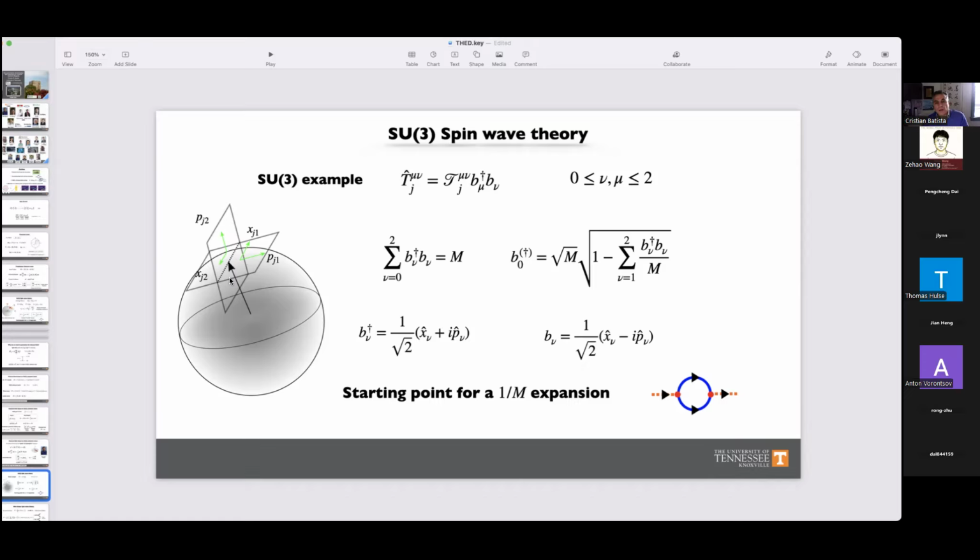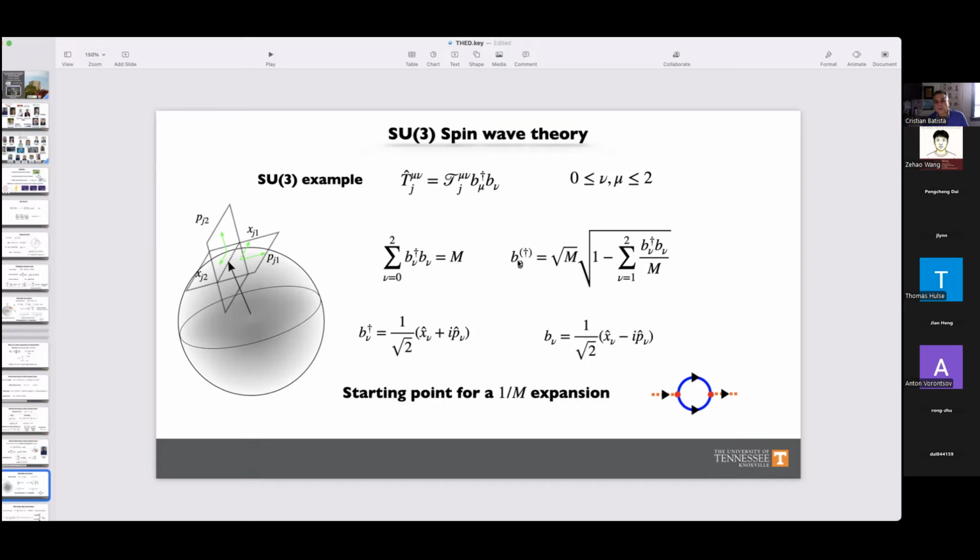Again, like in the previous case, we can describe the generators of SU3 as bilinears in Schwinger bosons with 3 flavors now: 0, 1, and 2. Then we can eliminate one boson through the constraint that allows us to fix the representation, right? For a spin 1, this M is going to be 1, but now we can do an expansion in 1 over M by eliminating this constraint.